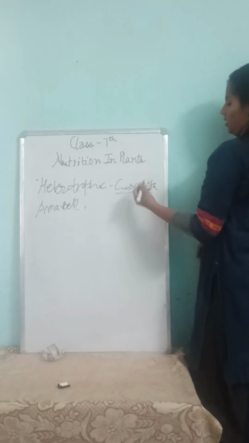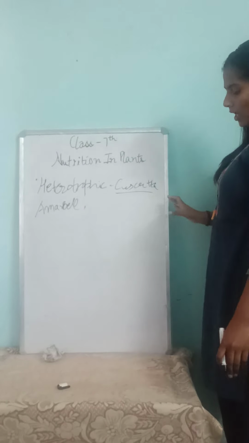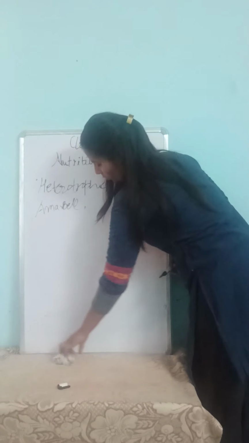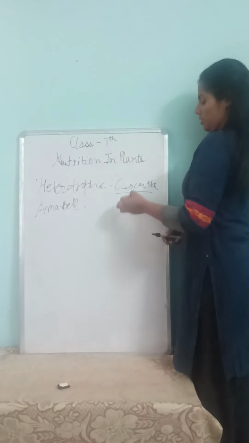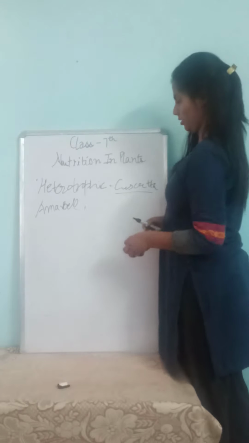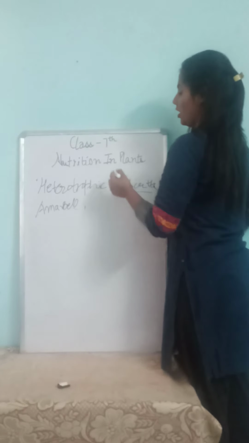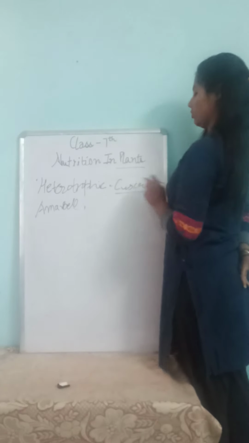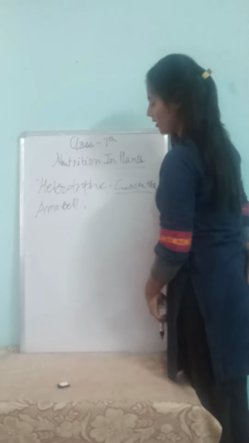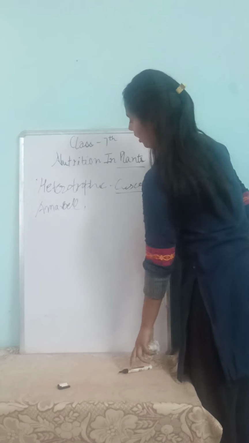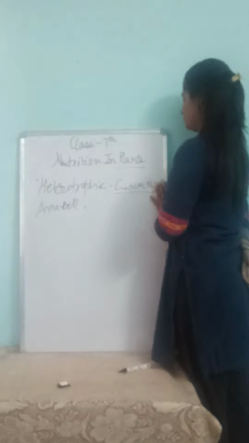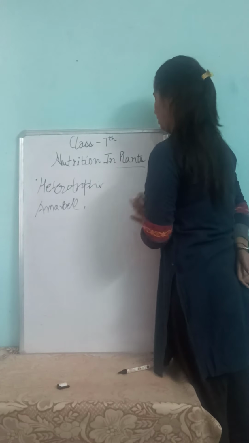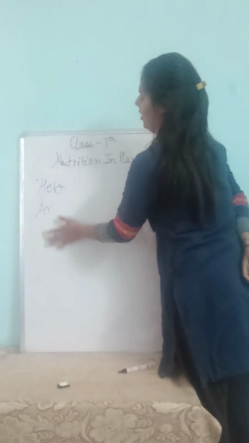It's yellow in color. I have earlier told you about autotrophic nutrition, and these are examples of heterotrophic nutrition, as we are going to study only plants. Now the next is the plants which eat insects.